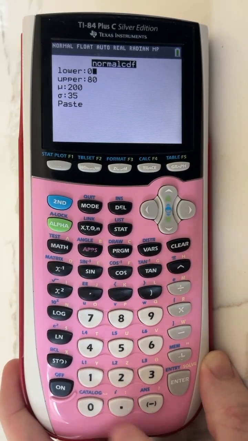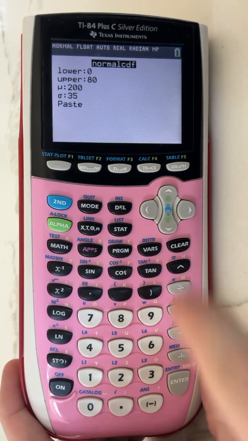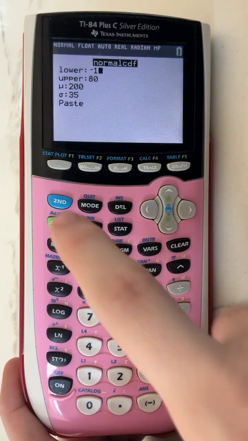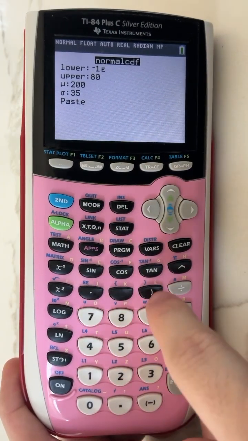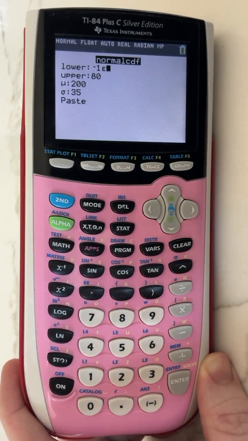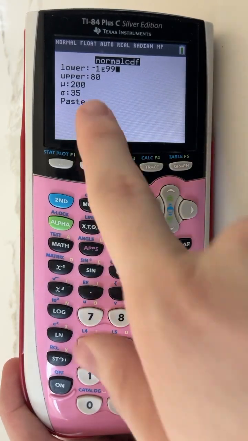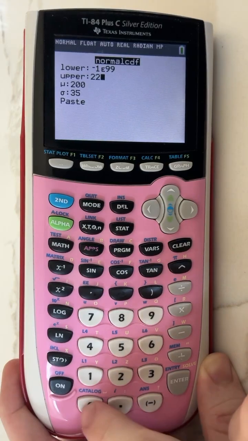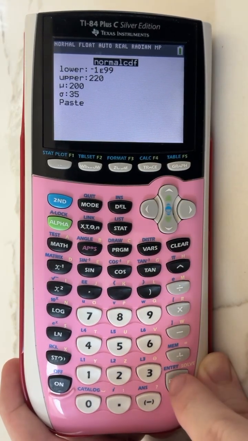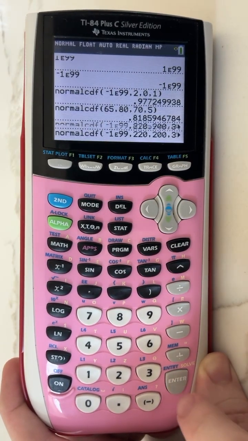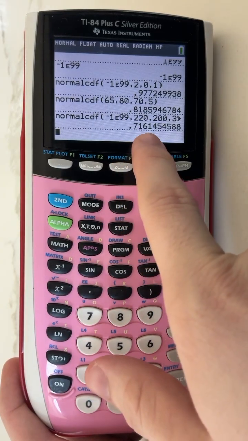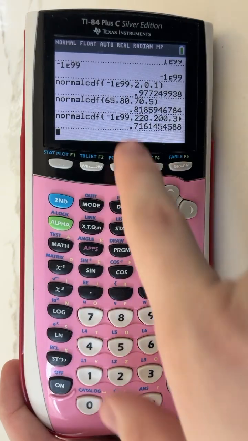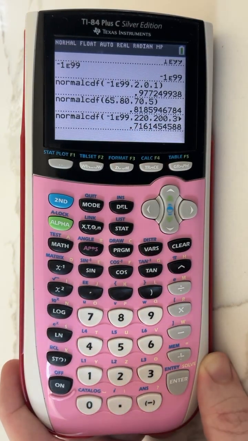We could put 0 because people can't be negative weight, but we could also put a super negative weight just to account for any density that's below 0 somehow. In the normal distribution, it's not limited, remember? It could go from negative infinity to plus infinity. So we'll do negative 1E99 up until, let's say we wanted to find out if they're less than 220 pounds. We'll go down, paste, enter, enter. And so 71.6% of males who are adults in the US weigh less than 220 pounds, for example.